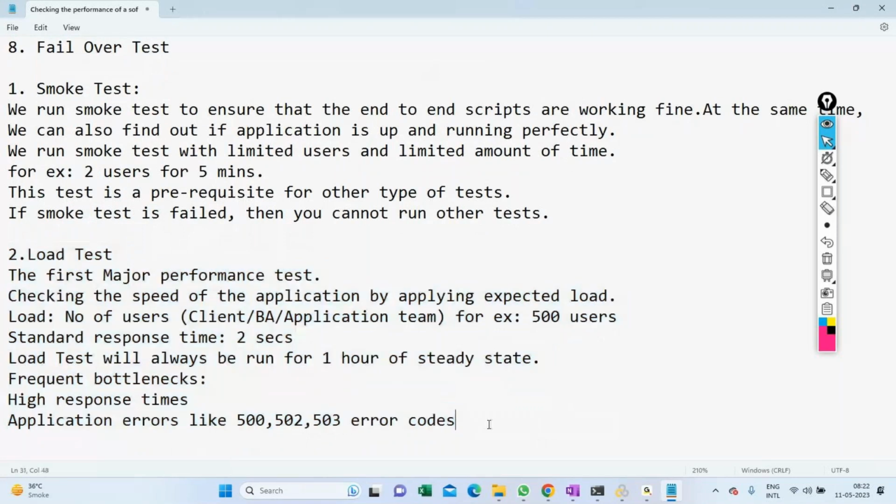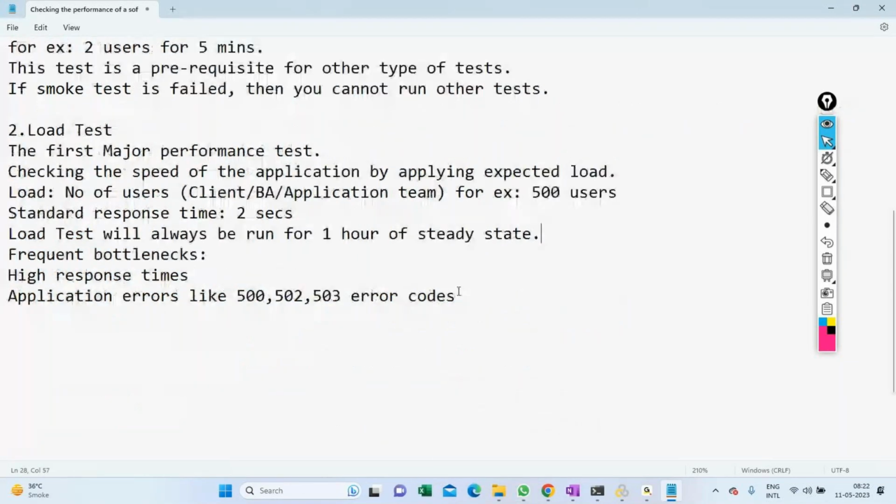Now how do you say whether the load test is a pass or fail? Test failure reasons.